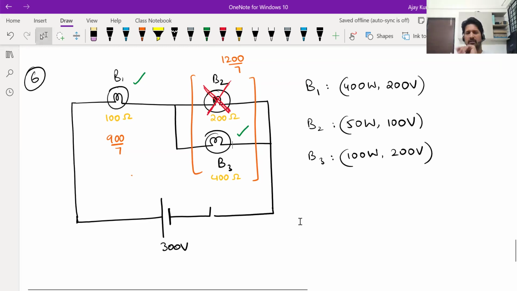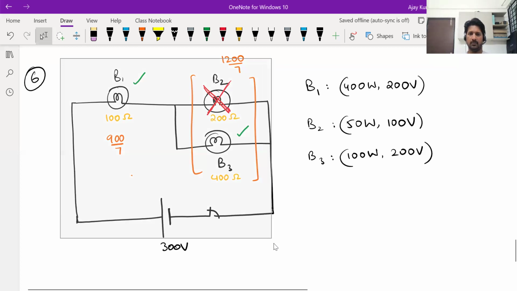Will B1, B3 continue glowing like that? Will they continue getting those voltages 900 by 7 and 1200 by 7? Or will there be another distribution? The voltage will get distributed again, because the moment B2 gets fused, it becomes a different network.